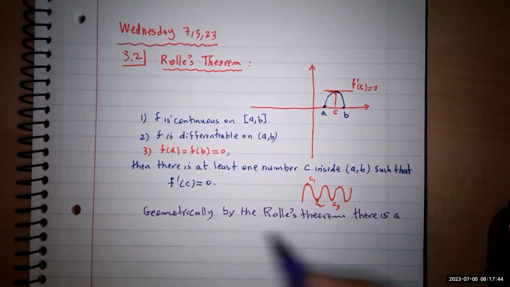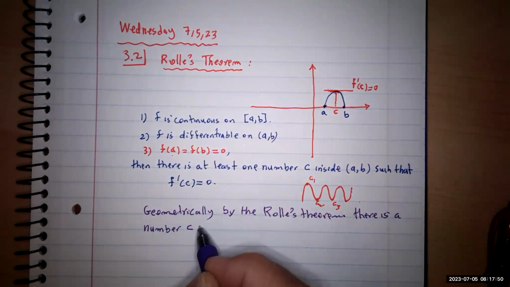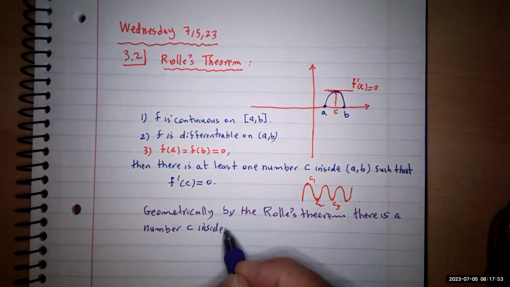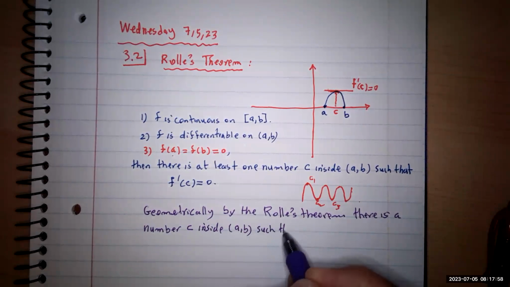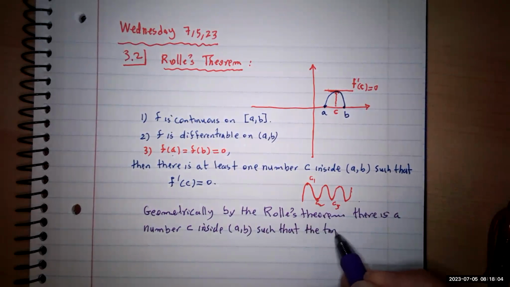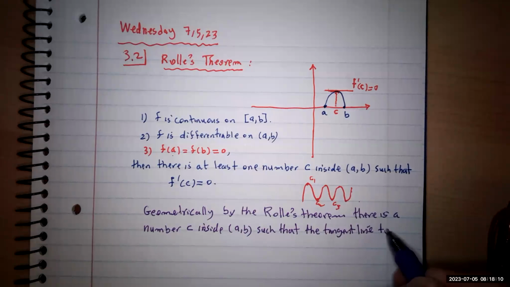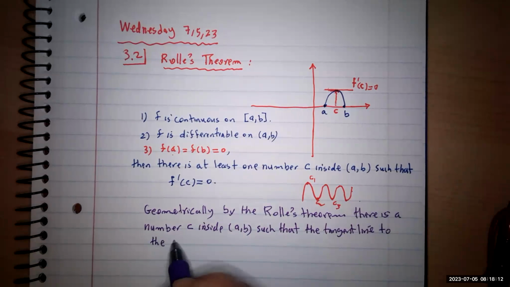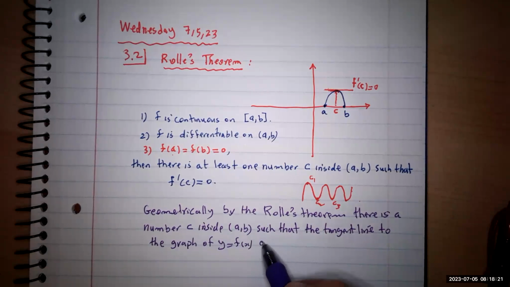There is a number C inside A and B, such that the tangent line to the graph of the function y equal to f of x at C, at x equal to C, is horizontal.